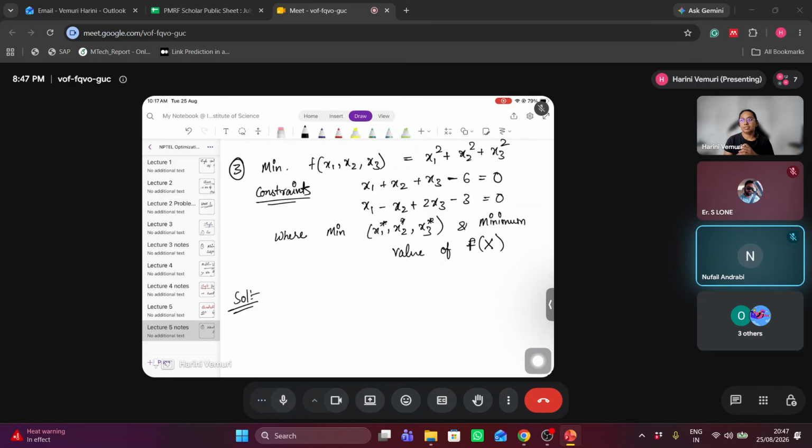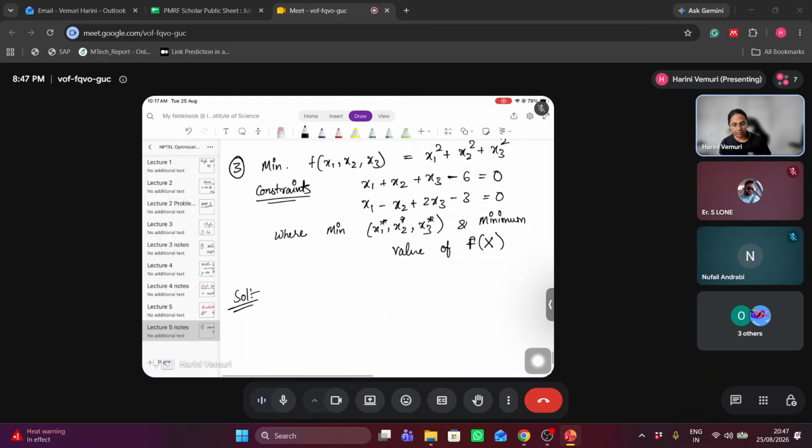You guys can solve. I will also solve parallelly, I mean after 1 minute, so that you can see if there is any mistake I'm making or you guys are making, then we can discuss. Okay.